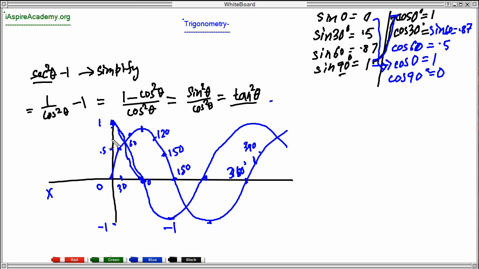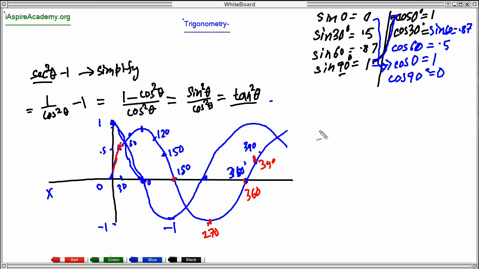So for example, sine 30, which is on this graph, sine 30 degree is 0.5. Now if you see, it comes all the way, and then this is 180, this is 270, this is 360, and this is 390. So it's repeating itself after 360 degree.